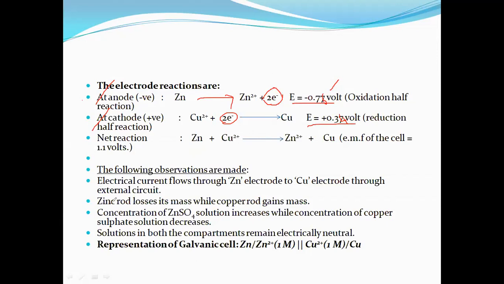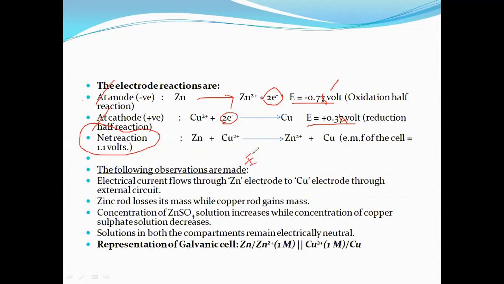Then what will happen here? Now we are finding the net voltage of the electrochemical cell. To calculate the electrode potential difference of an electrochemical cell, we have a rule which you all know. Electromotive force of cell is equal to E of RHS minus E of LHS, right?